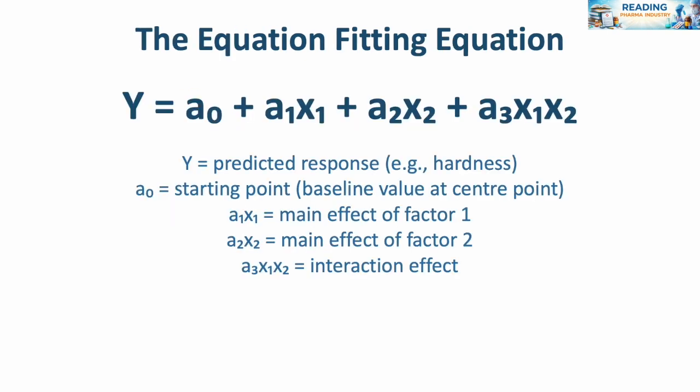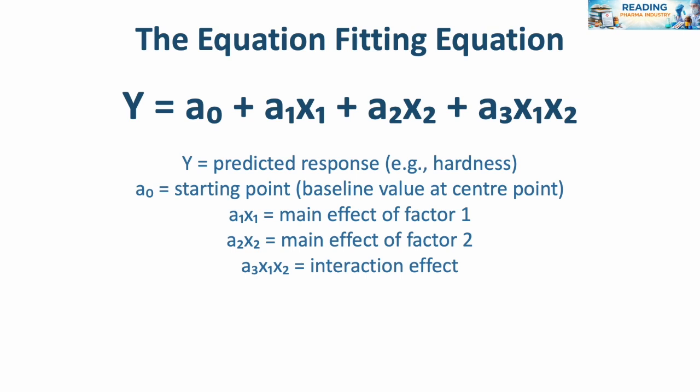So we've seen this equation before, but this is just a reminder again. The y is the predicted response. We call that the dependent variable, and in the case, if you recall from when we were measuring tablets, we said this is the hardness of tablets. We have a0 plus a1 multiplied by x1 plus a2 multiplied by x2 plus a3 multiplied by x1 x2. And we said a0 is the baseline value, or the intercept at the center point.